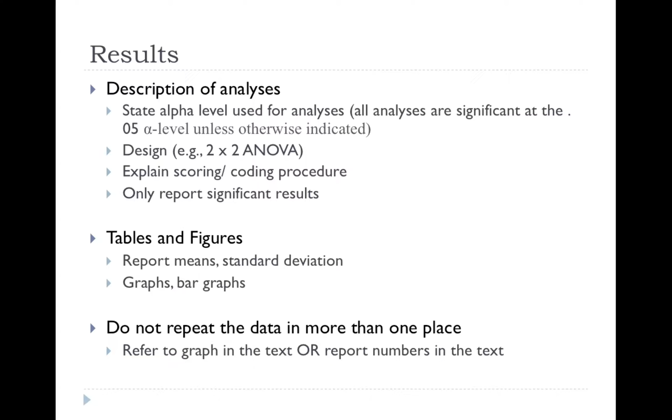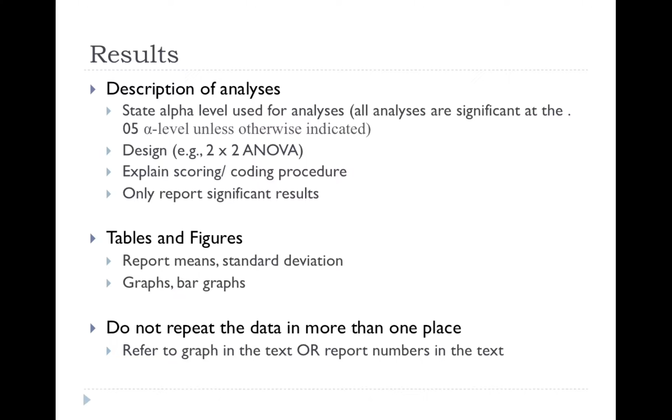So for a pure results section, you basically describe your analysis, so you state what the alpha level is that you used. You also briefly say what kind of design you used. So for instance, you used a 2x2 ANOVA or a regression analysis or a repeated measures t-test.